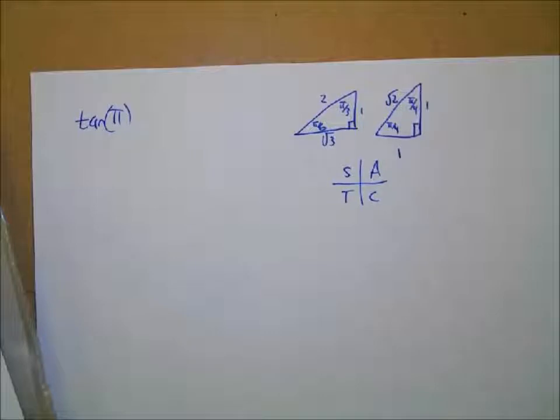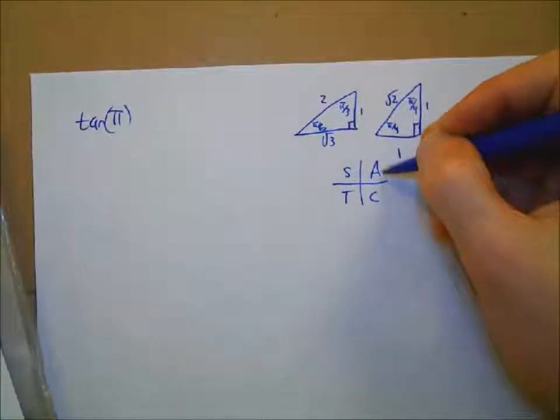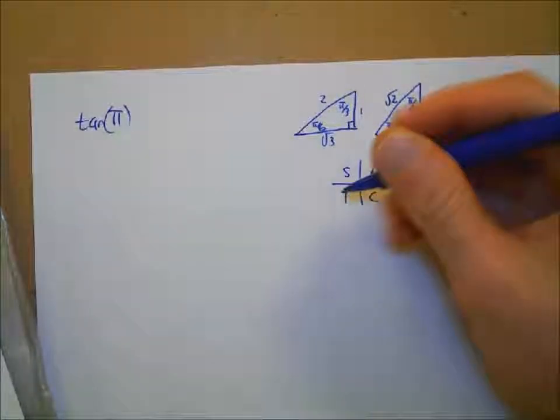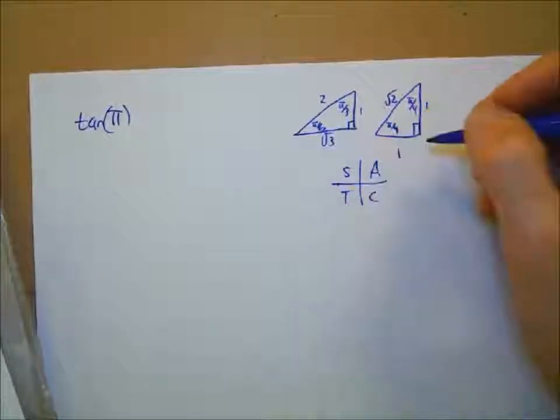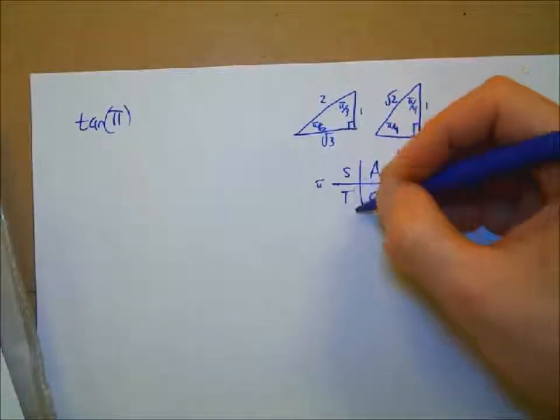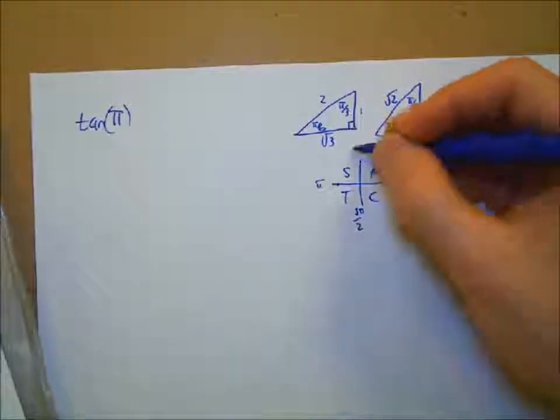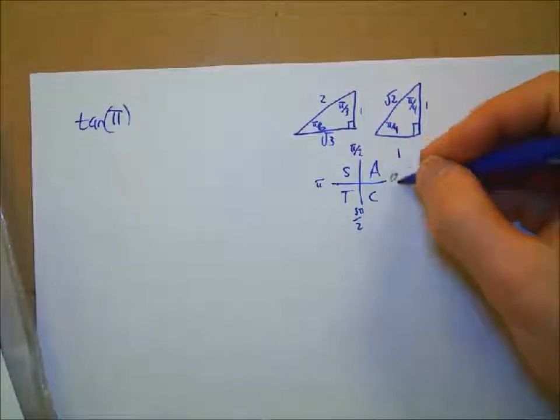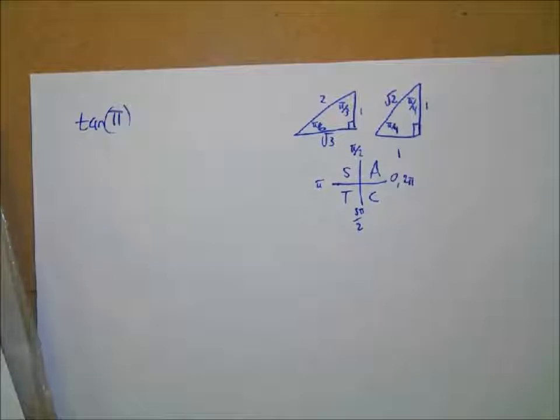Pi, if you remember, is over here. Here's pi, here is 3 pi over 2, here's pi over 2, here's 0 or 2 pi. So here's pi right here.